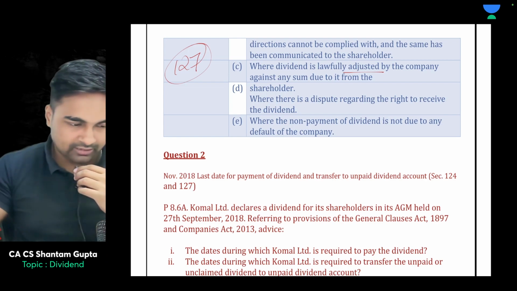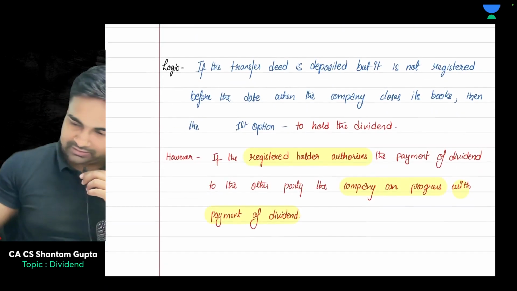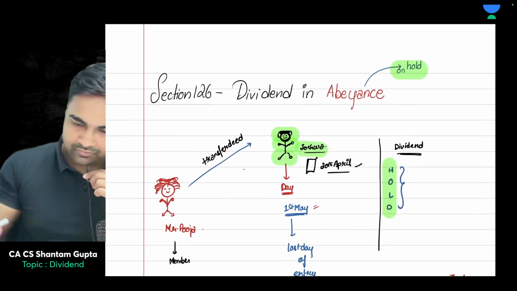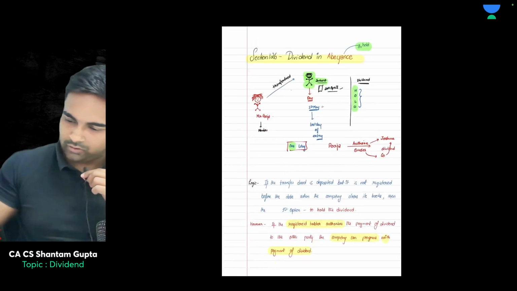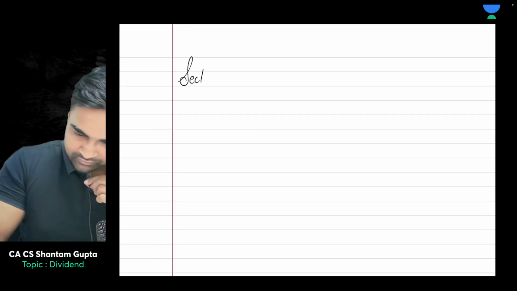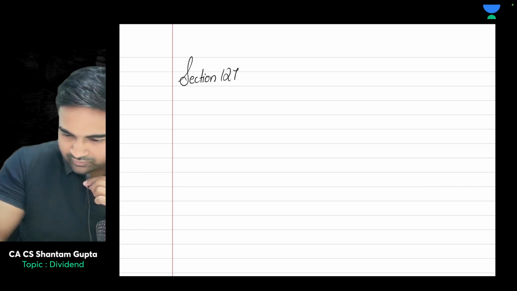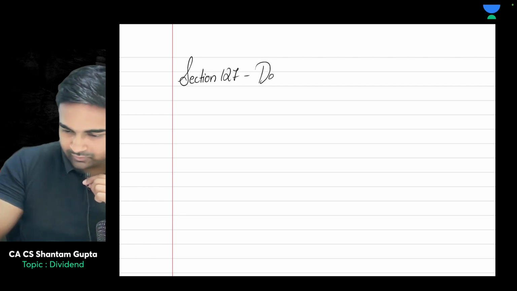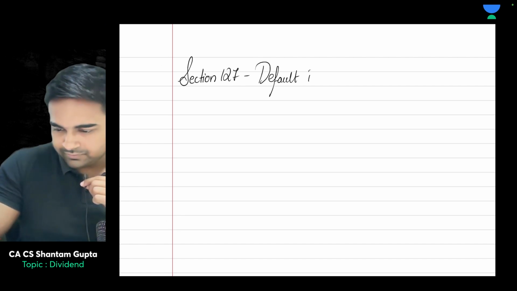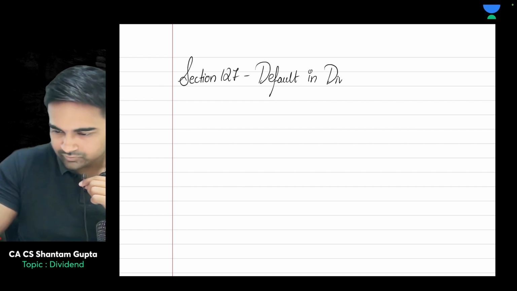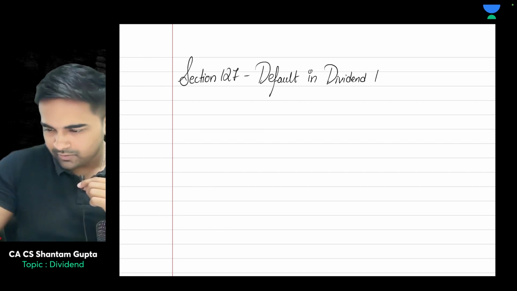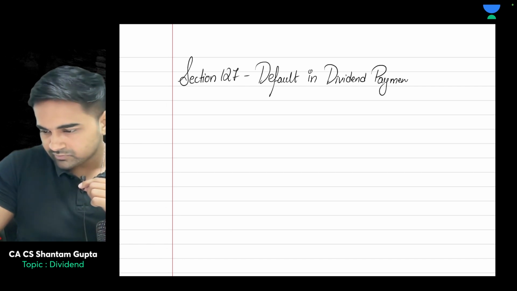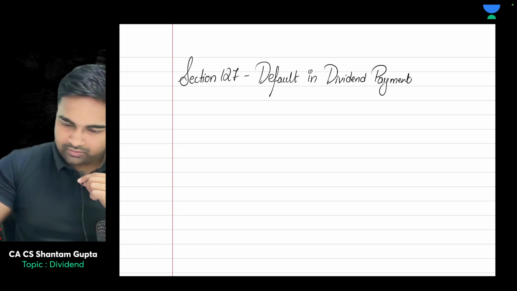Section 127: default in dividend payment. Quickly, just write.